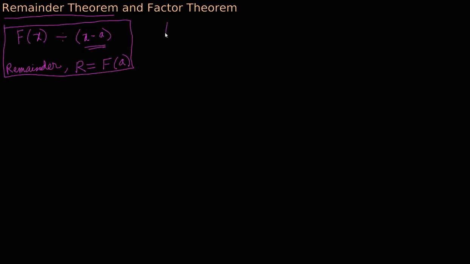Let's say I have a polynomial which is 2x^5 minus 4x^3 plus 5x^2 minus 7x plus 2, and I am going to divide this polynomial by x minus 1. I need to find the remainder. That is our problem statement.